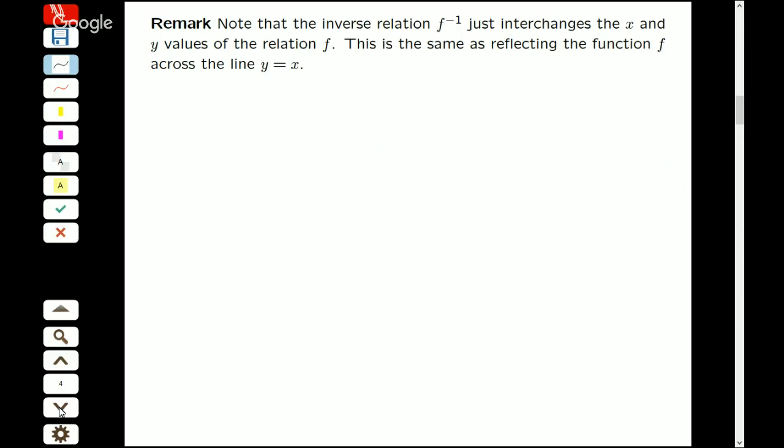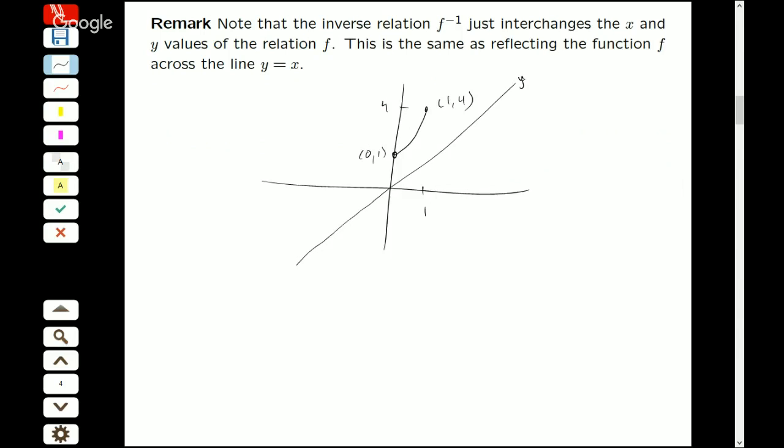This is the same as reflecting the function f across the line y equals x. Let's see that. Suppose you have the point, I'll say this is going to be 0, 1. And suppose you have the point 1, let's go with 4. And we have this parabola going up like this. If we have our line y equals x, this would have the point 1, 1 on it right here, and you'd have 0, 0 on it.